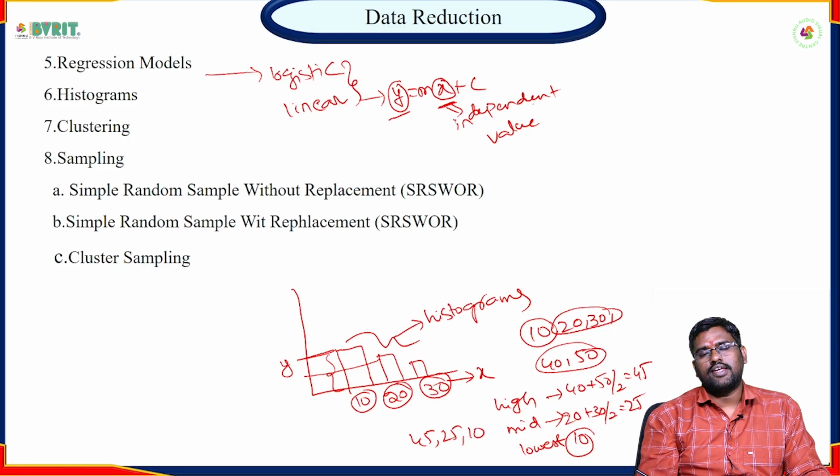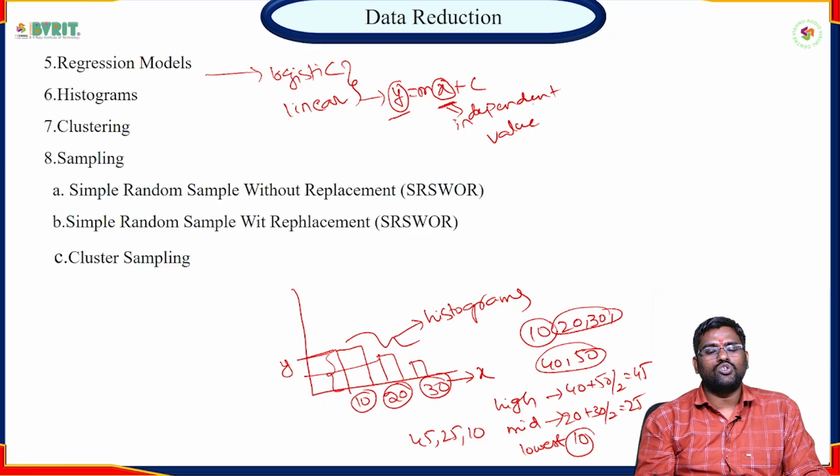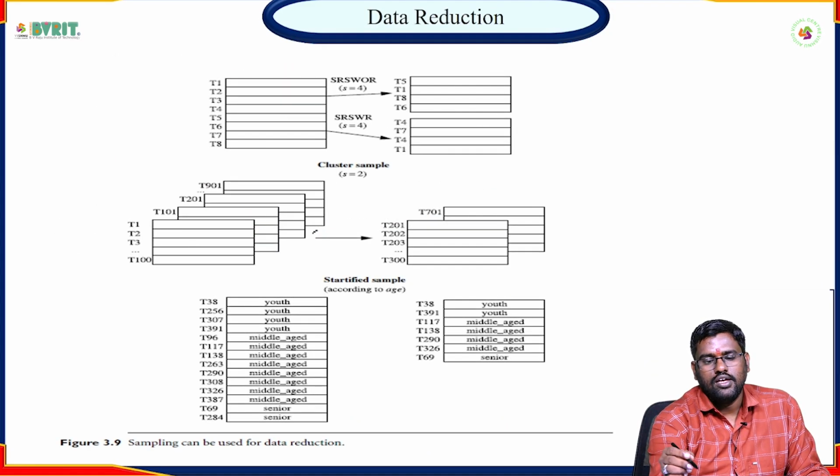Next one, sampling. Sampling contains two types: simple random sample without replacement and simple random sample with replacement. I will show you those two in the picture. See here, simple random sample without replacement means only unique elements: T5, T1, T8, T6.